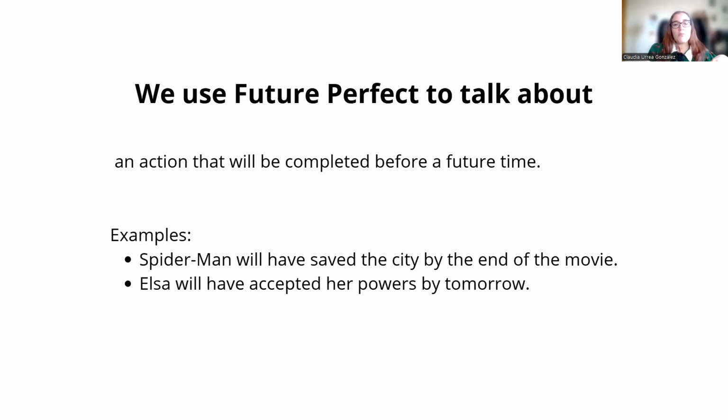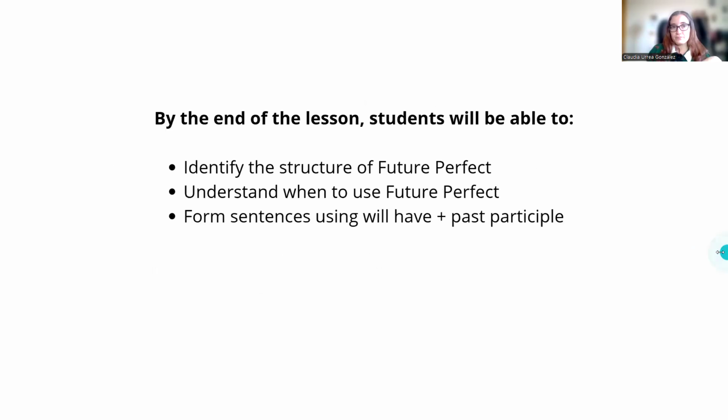Then Elsa will have accepted her powers by tomorrow. In this case, we're talking about the story in the movie. Elsa, at the beginning of the movie, doesn't like her powers, but then she will enjoy these powers, okay?